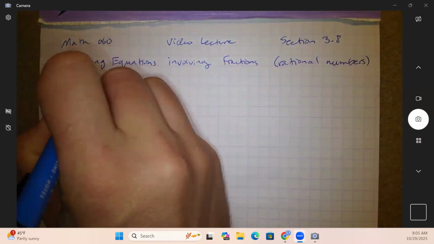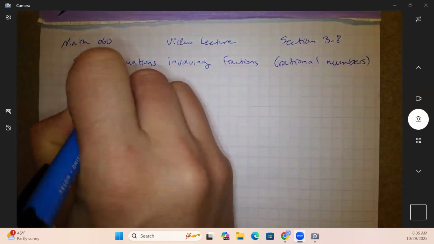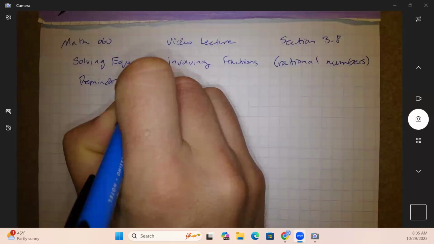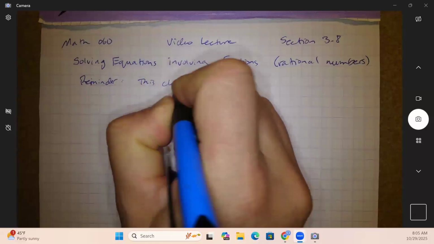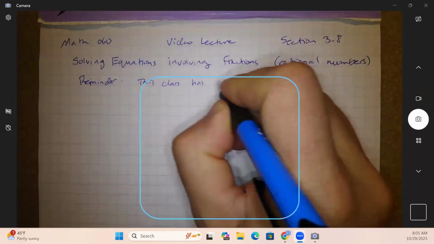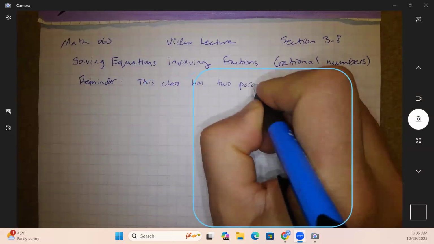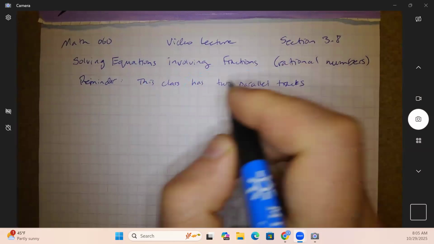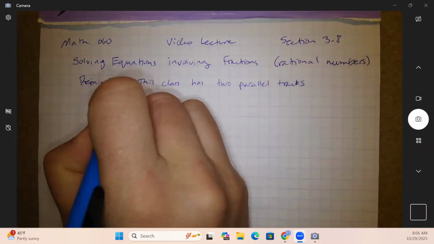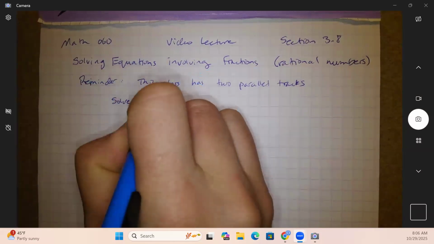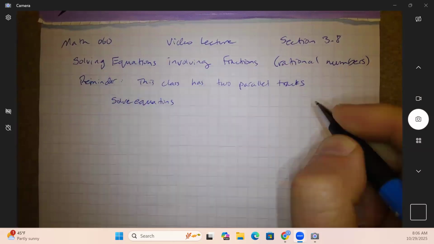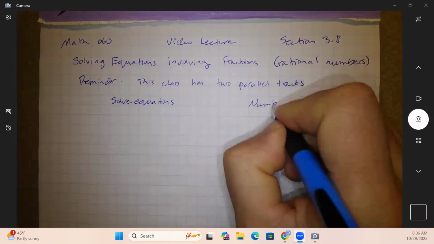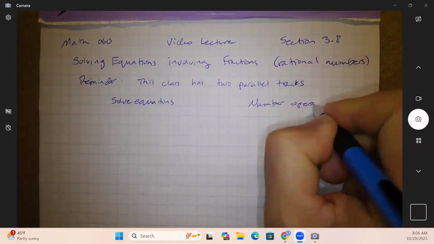want to remind you all that this class kind of has two parallel tracks. On the one hand, we solve equations, and on the other hand, we learn number operations.